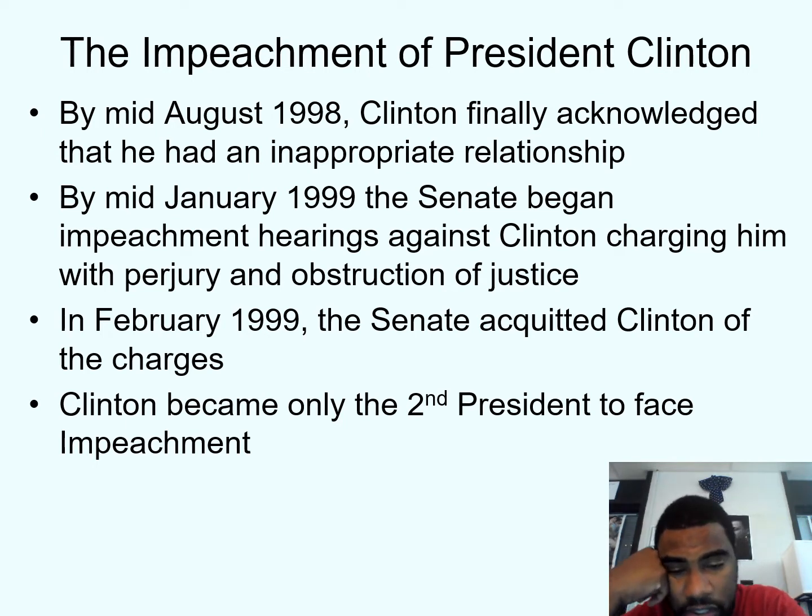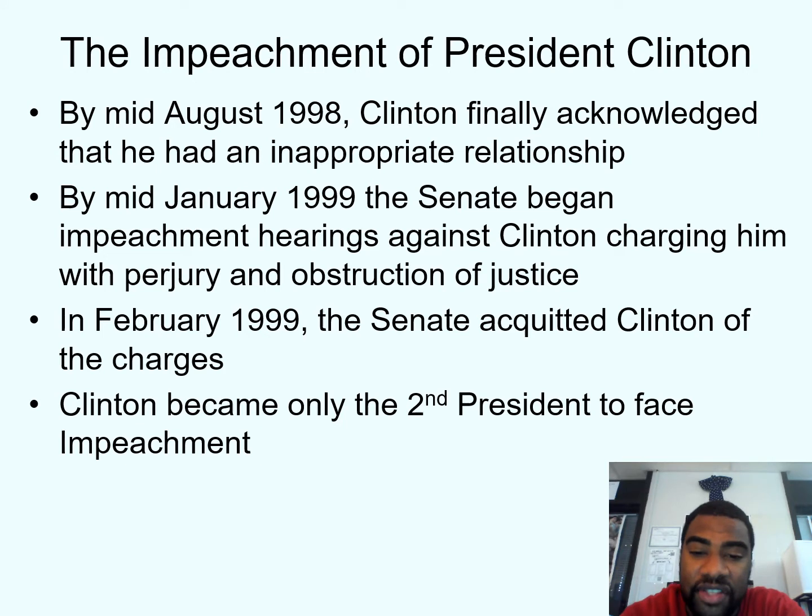Clinton of the charges. And keep in mind, when you are impeached, that means you are basically tried in front of the Congress. Actually tried in front of the Senate. Those bills of impeachment have to be passed through the House of Representatives and then through the Senate.